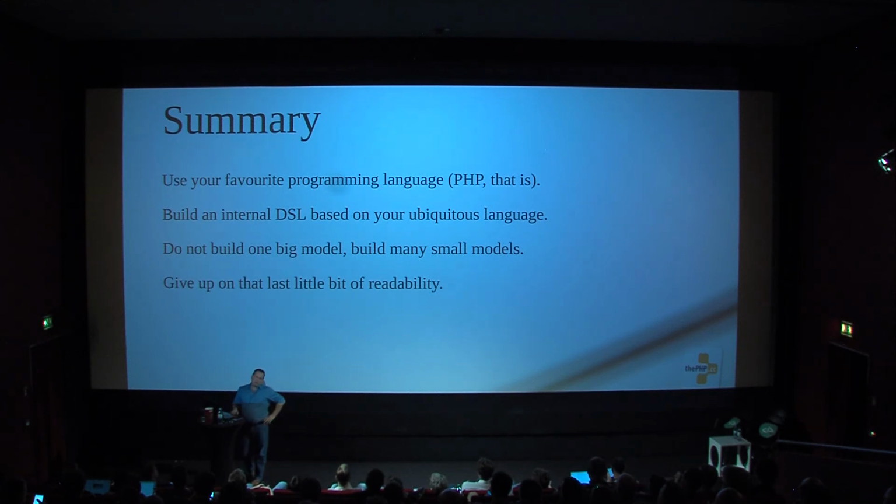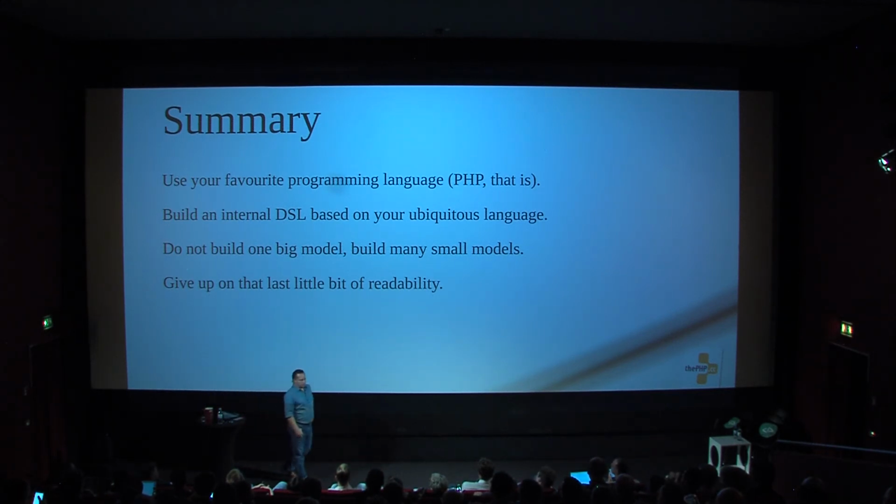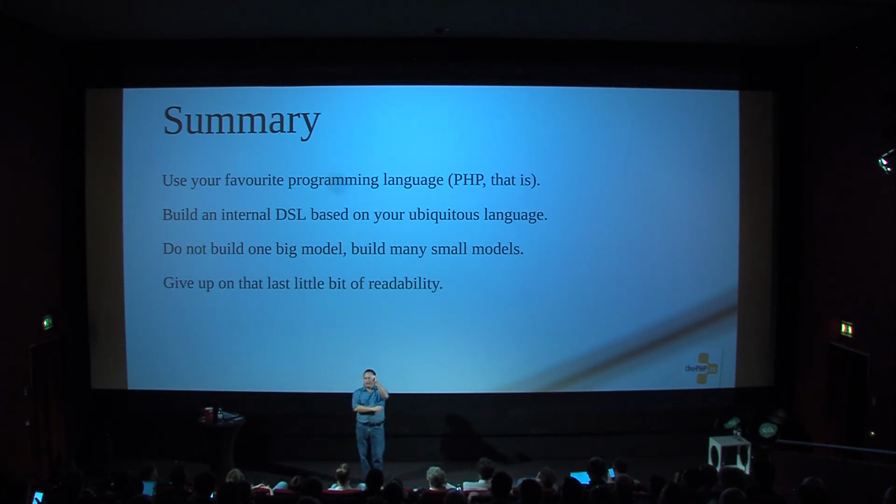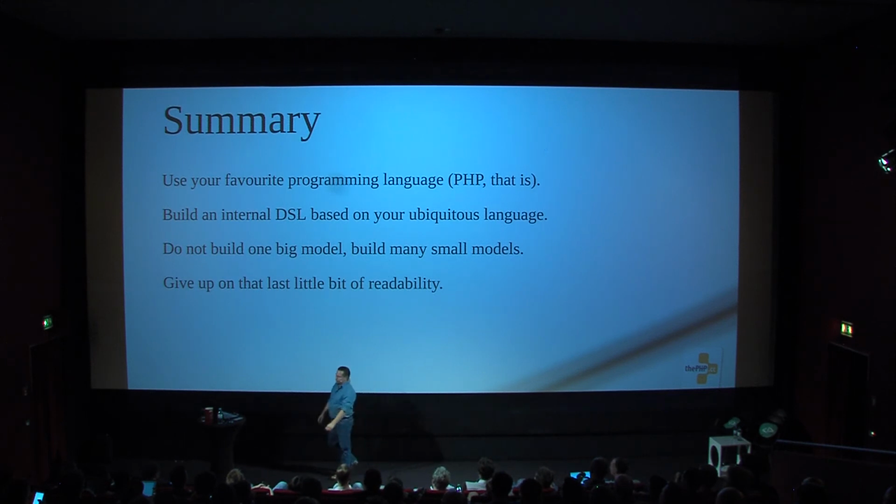And then give up on that last little bit of readability. Think about the 80-20 rule. That last little bit of readability, that would require us to kind of create a configuration file for our business rules. There have been many attempts to do that. BPEL and BPML and BPM people and what that stuff is all called, and I don't even remember all those acronyms. And a lot of that has already been retired.